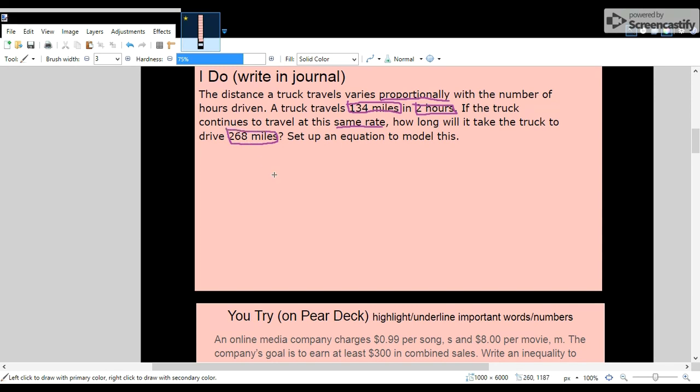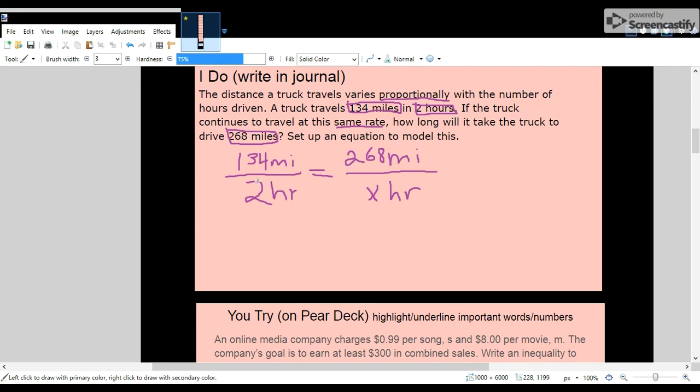So if we set up our proportion, we have 134 miles over 2 hours, and that's equal to 268 miles over blank hours.